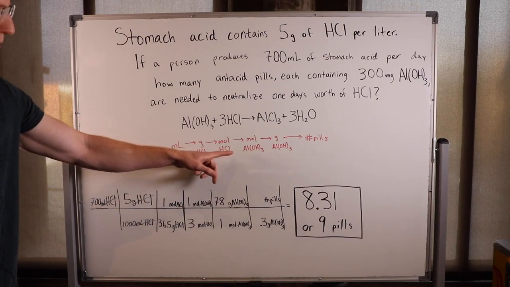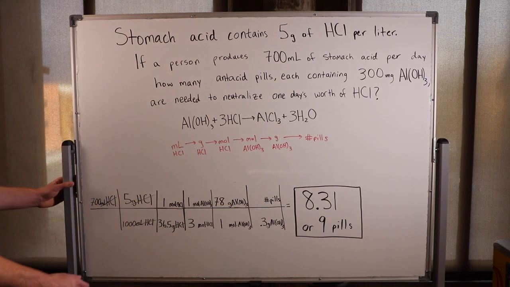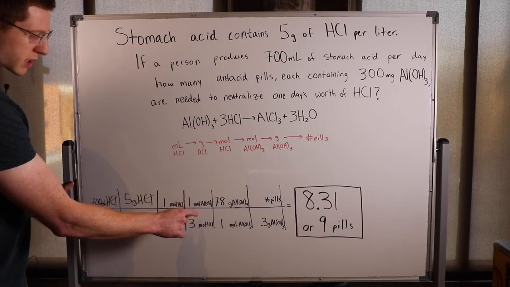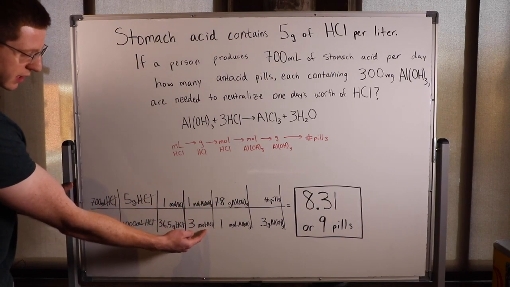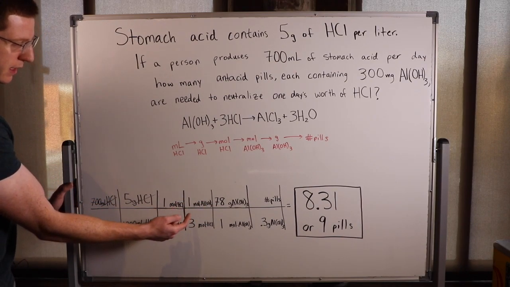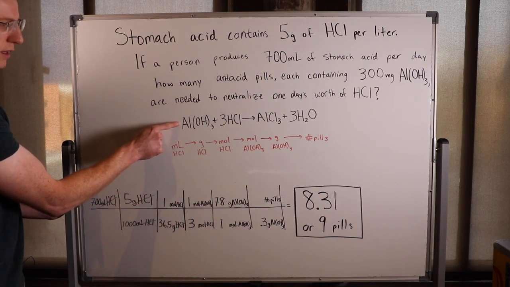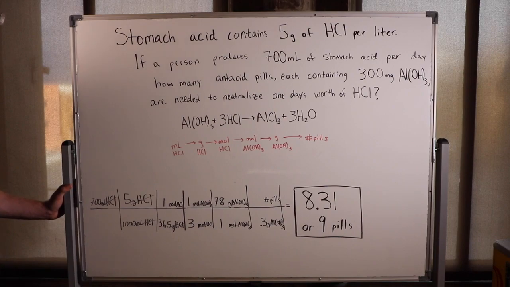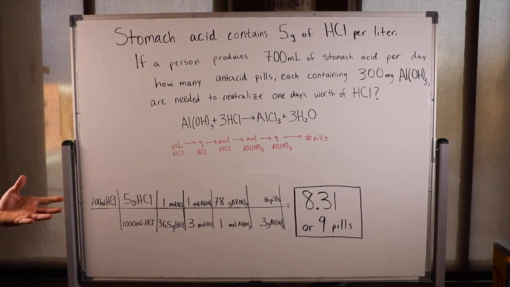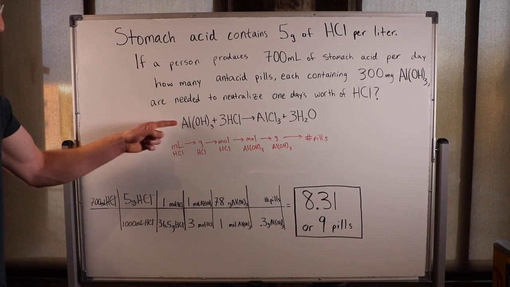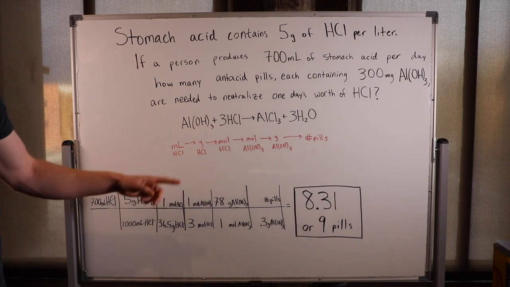Now we're ready to cross our mole bridge. So now we're going to moles of aluminum hydroxide over moles of HCl to cancel these units out. And we know that for every 1 mole of aluminum hydroxide, there are 3 moles of HCl. So that's the mole bridge conversion factor, 1 mole of this for every 3 moles of this.